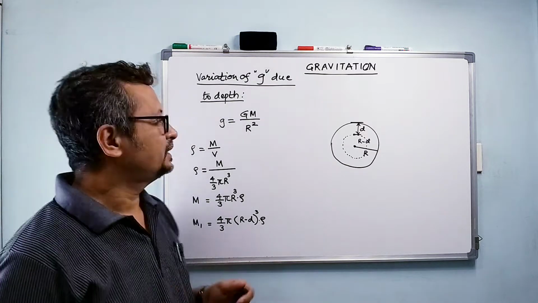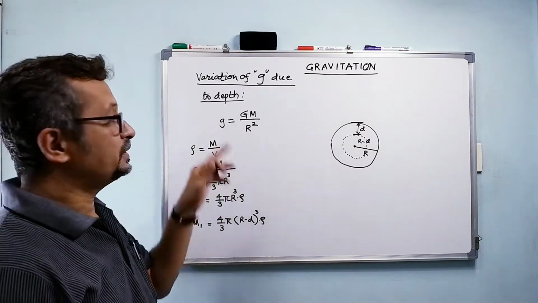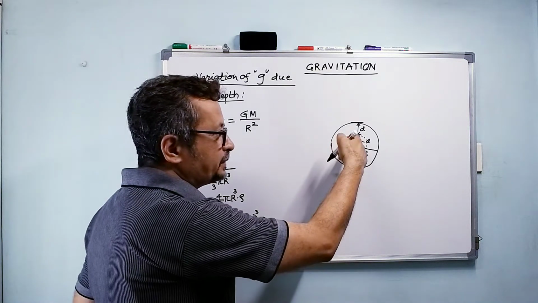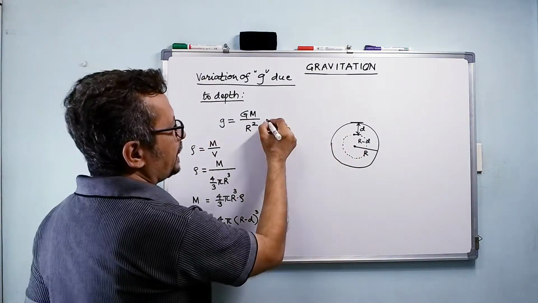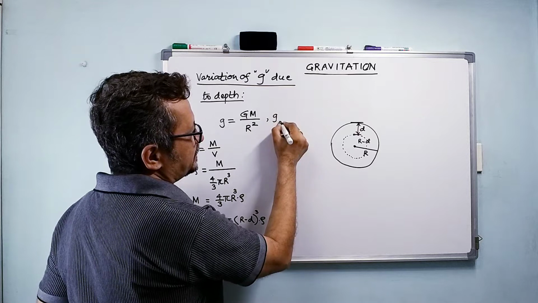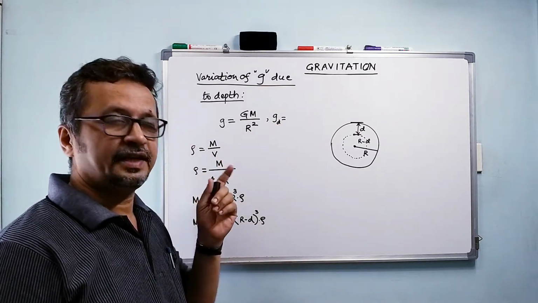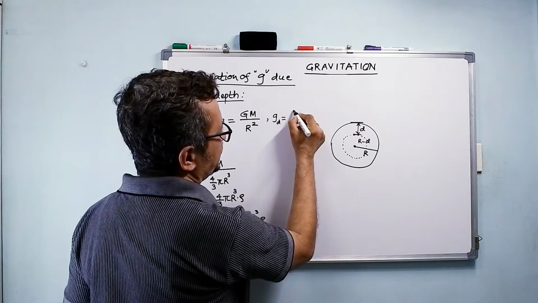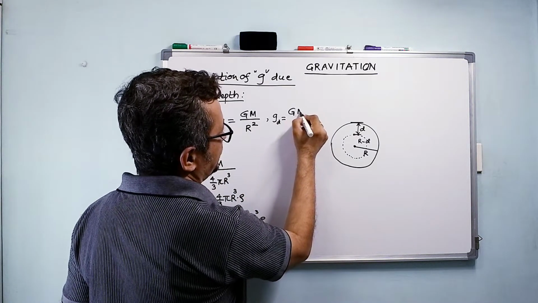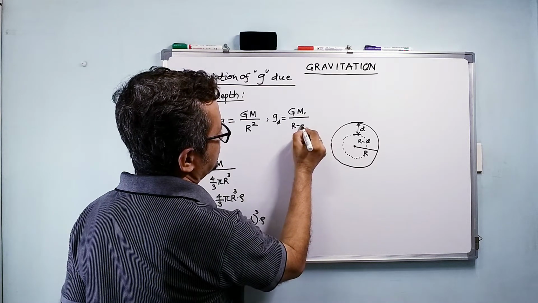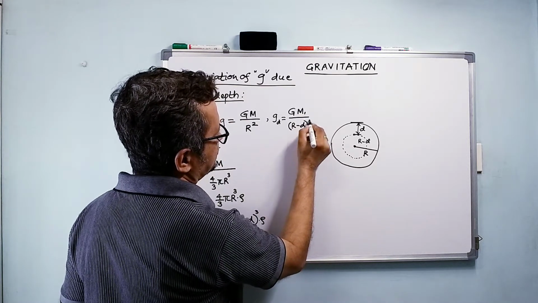Now I want to find the acceleration due to gravity at that point here, so I am going to call that g suffix d. In my earlier case it was g suffix h, and it is going to be g m1 upon r minus d square.